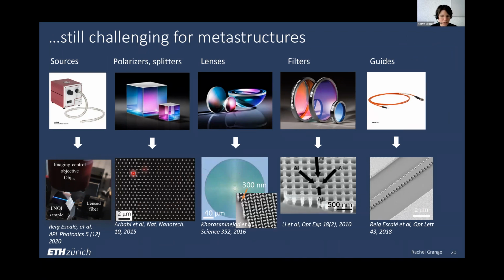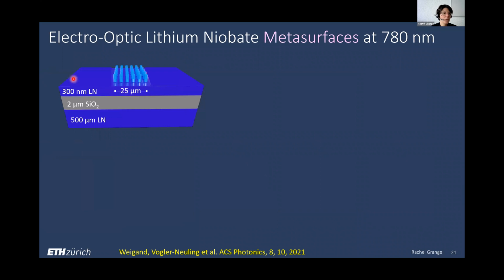And we've been struggling to make metasurfaces using lithium niobate on insulator, because you need a high aspect ratio, you need fins that are very close to each other. Our first attempt was on the lithium niobate on insulator layers by etching down with E-beam and ICP, as I was showing you before.